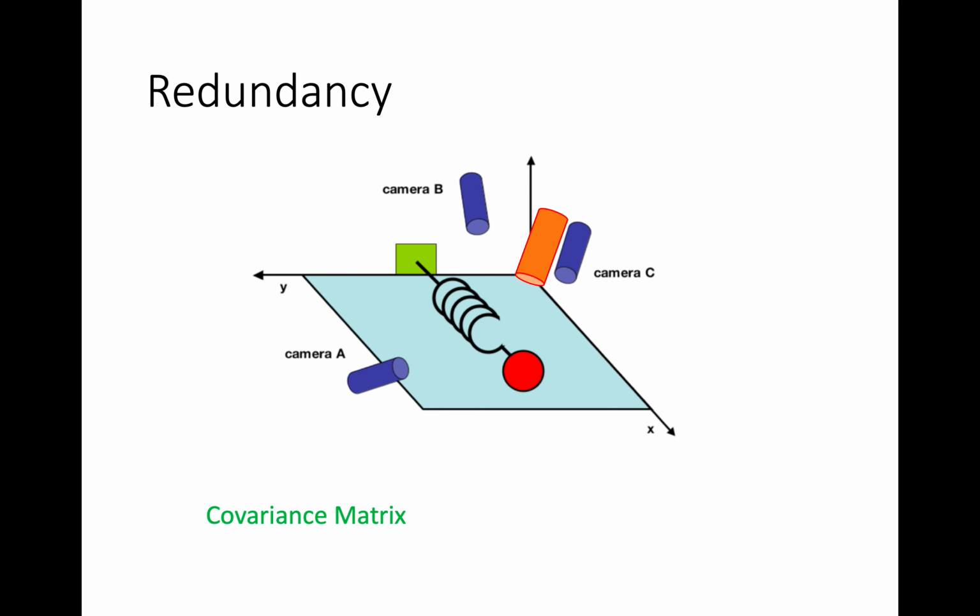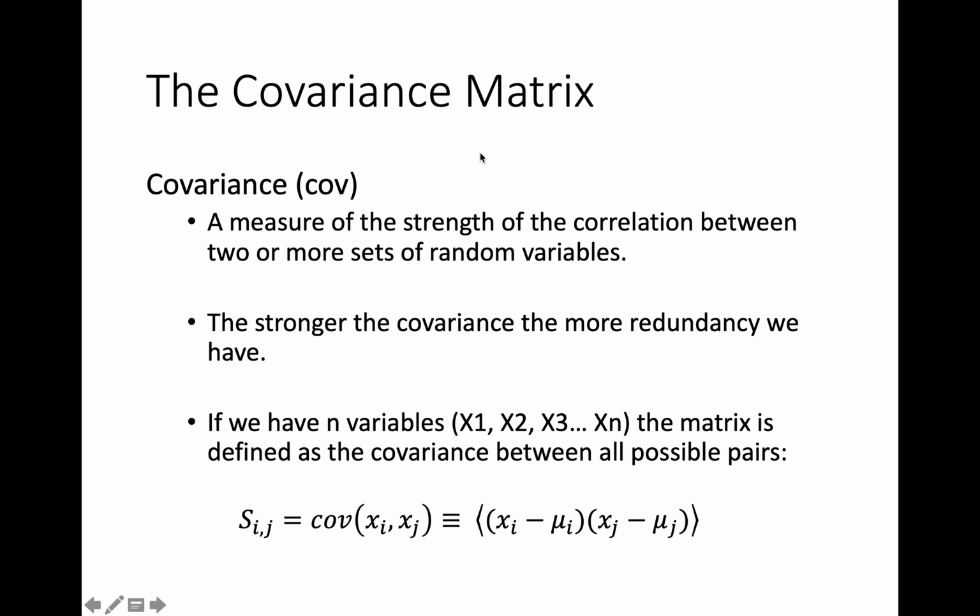And how these two vary together is called the covariance. So if these two are showing me exactly the same thing, the covariance is going to be very high. If these two are not redundant, but rather are giving new information, in the covariance matrix, when I compare the covariances of all these different cameras, I'll find that these two have very low covariance.